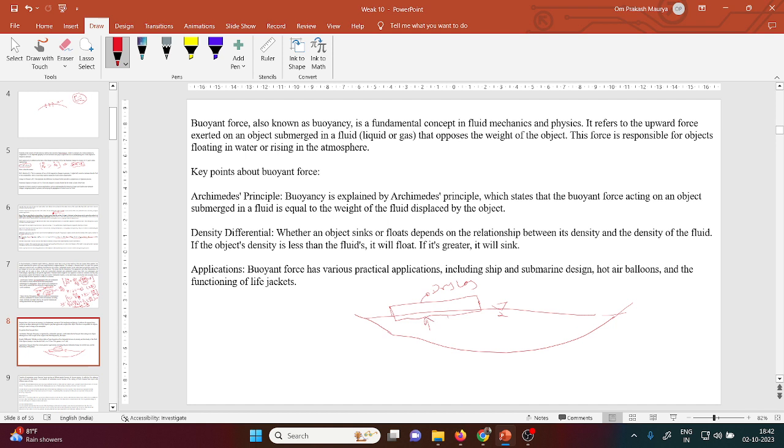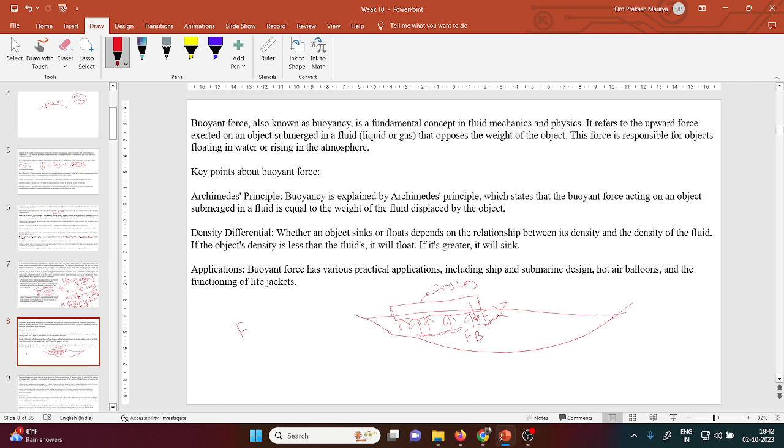Whatever force is acting on it in the upward direction by the liquid is known as the buoyant force, FB, and this is FW, the weight force.